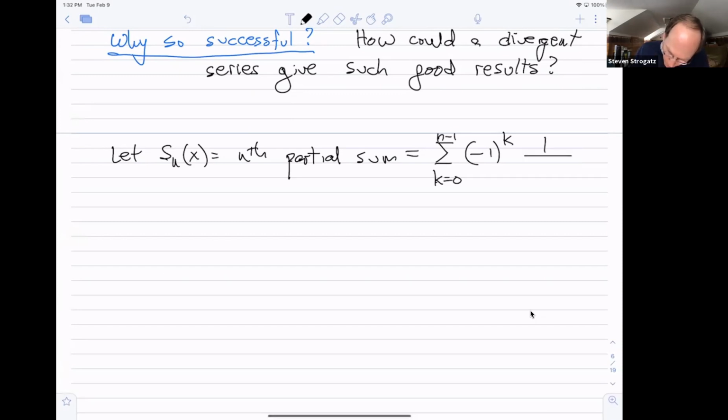And then the individual terms are k factorial over x to the k plus 1.